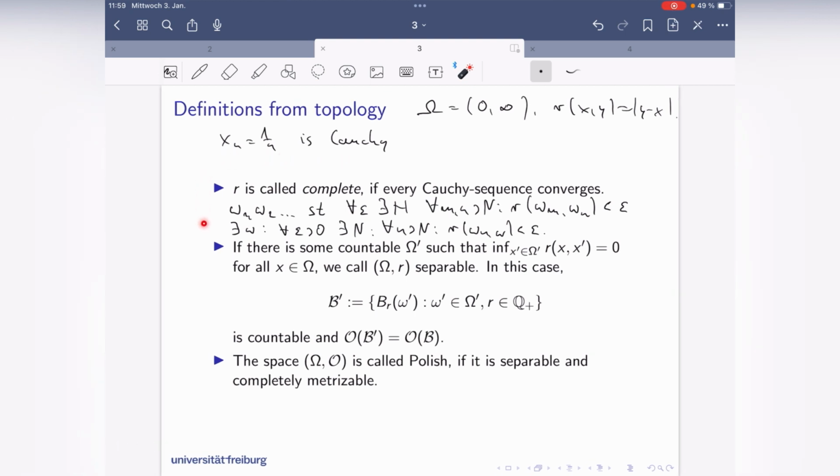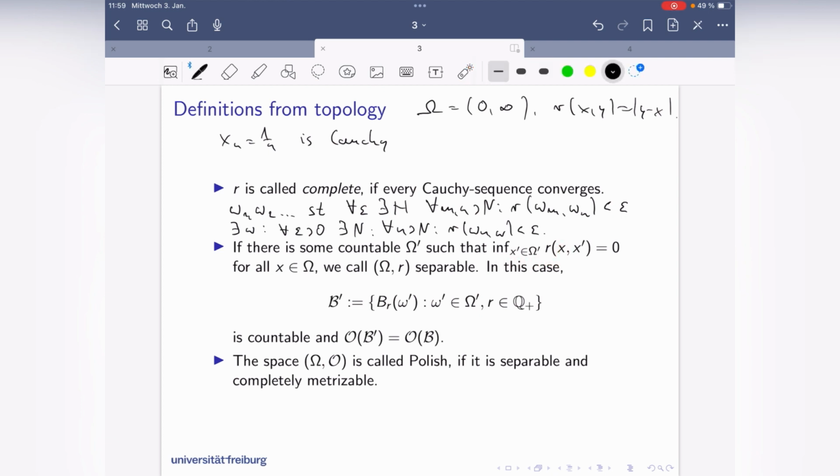So that's one thing I will need. I will also need separability, which is the following. A space is called separable if there exists a dense countable subset. That's the following: I find a countable omega prime such that for all x in my omega, I find x primes in omega prime which are arbitrarily close to my x.